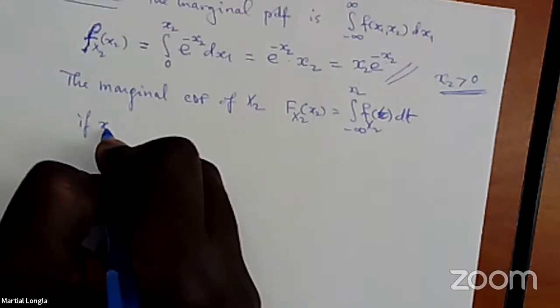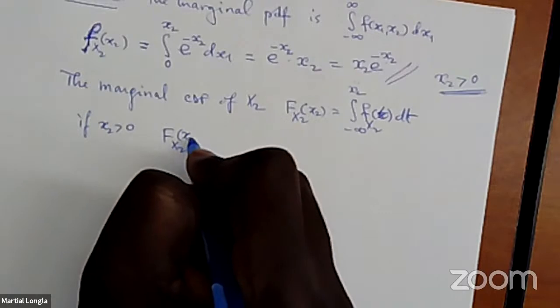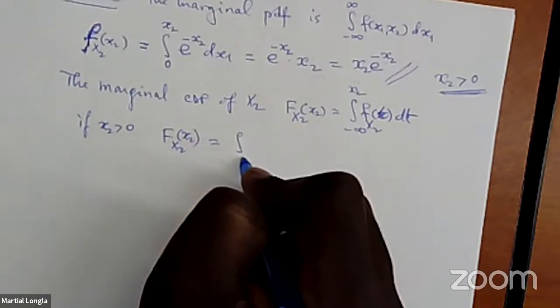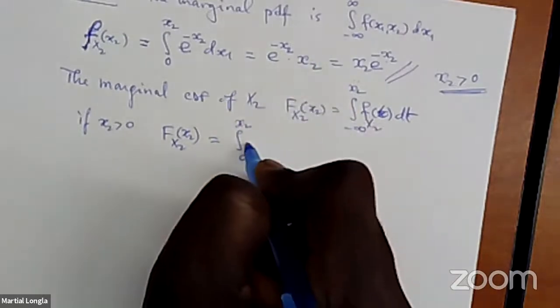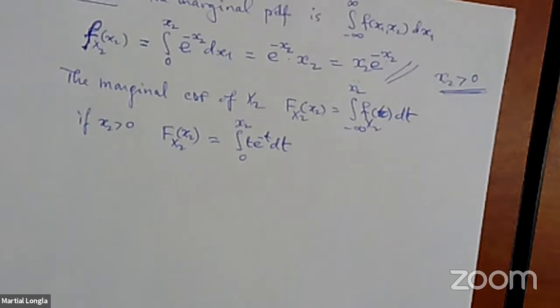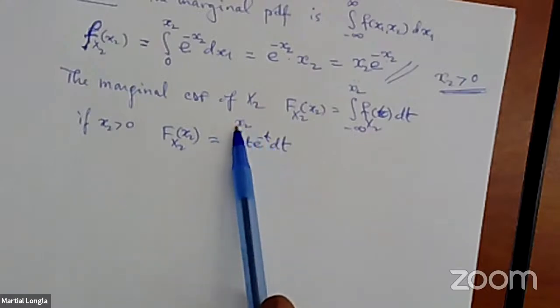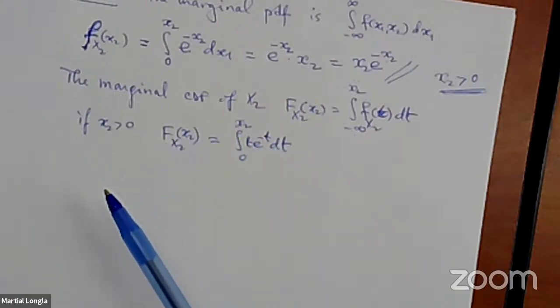So if x2 is larger than 0, F_x2 of little x2 is the integral from 0 to x2 of t e to the negative t dt. The reason why you always change the variable inside is to make sure you don't get confused by writing x2 here and then x2 as the boundary of integration, and then after integrating, you forget to plug in the upper and lower bounds.